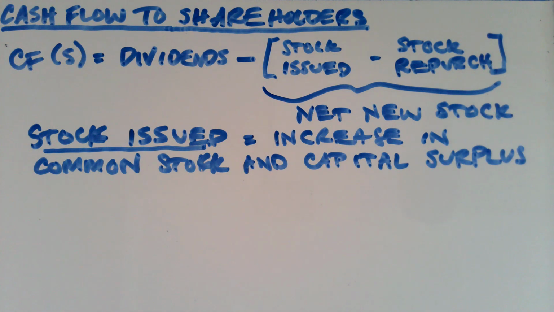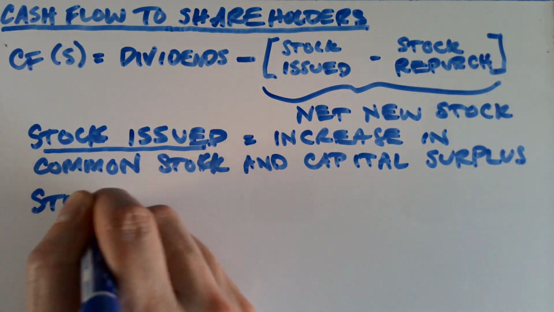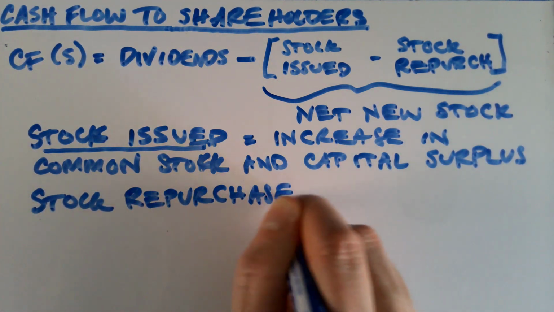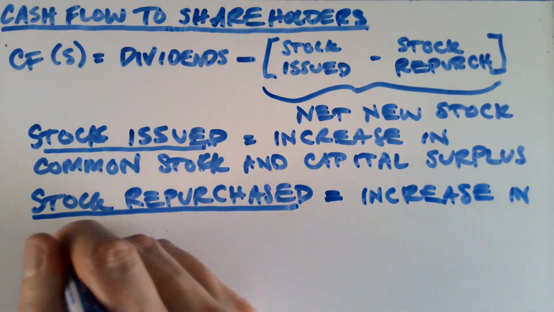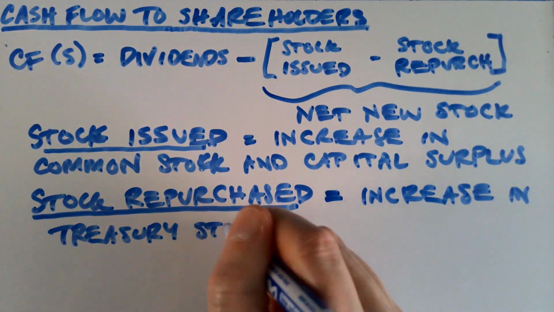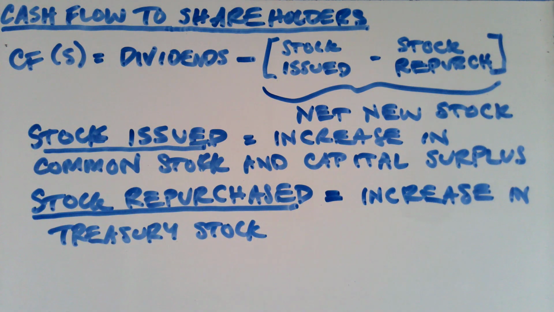Now, what about stock repurchased? You can tell how much stock was repurchased during a period by the increase in the treasury stock. This is found on the lower right-hand side of the balance sheet.